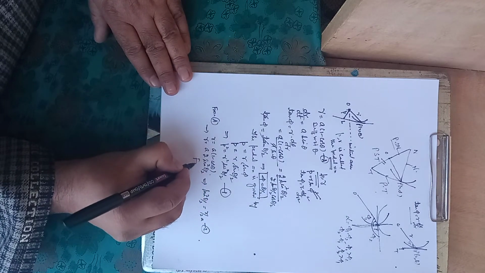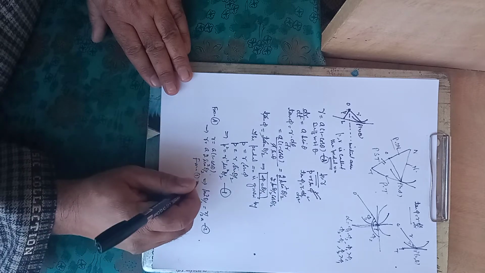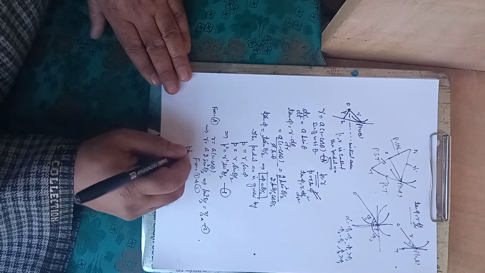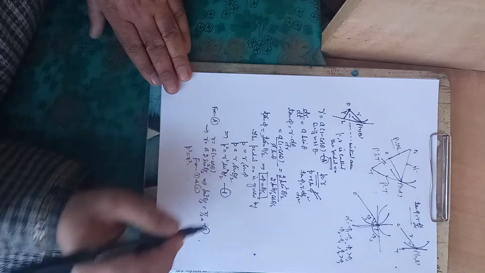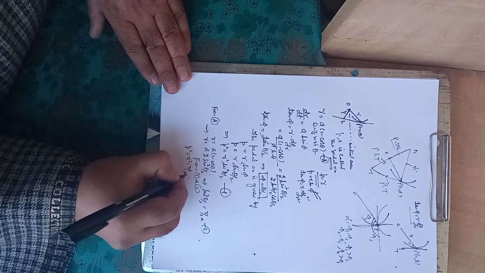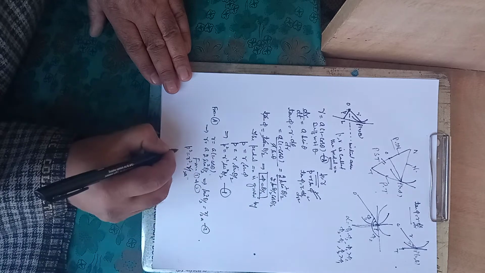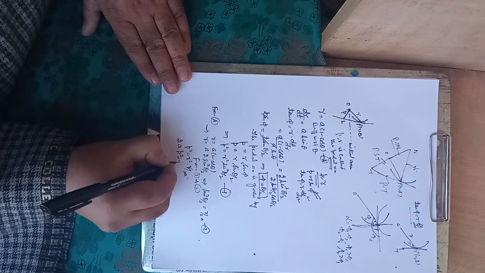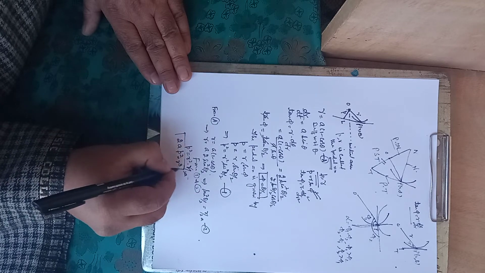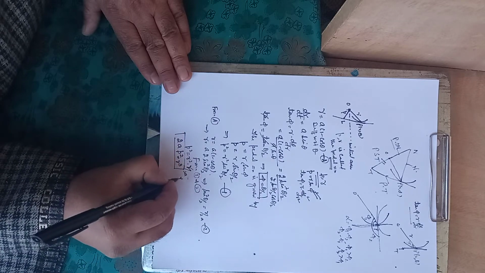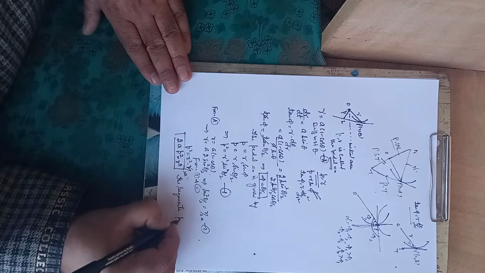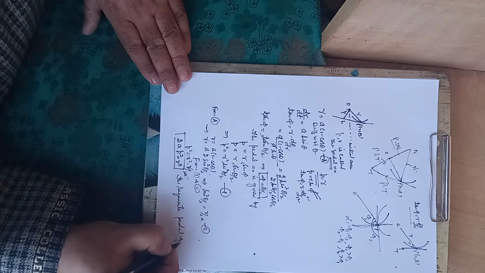From 1 and 2, we have p square is equal to r square sine square theta by 2, which is r square times r by 2a. So this gives us 2a p square equal to r cube. This is a relation between p and r. This is known as the pedal equation.